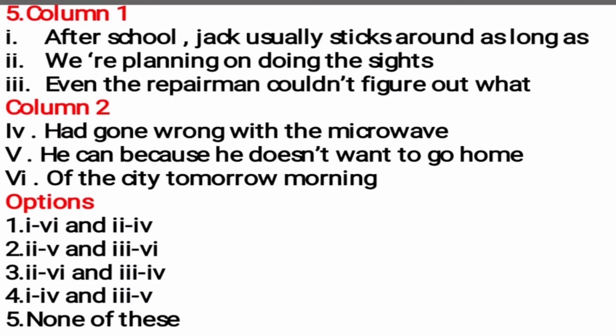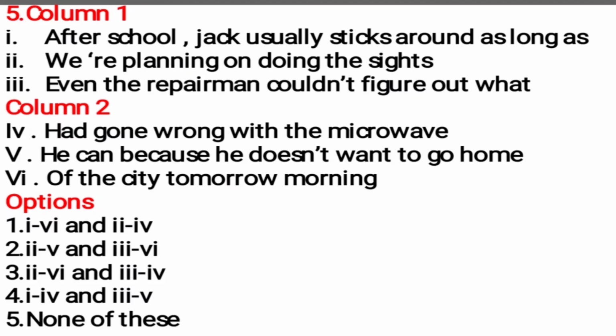So see first, had gone wrong with micro oven, so something they have repaired. So you see here, third one, even the repairman couldn't figure out what had gone wrong with the micro oven. Okay, so probably this one you can figure out. Again second one, from that option we can see where it is actually, when the repairman, third one and fourth one.